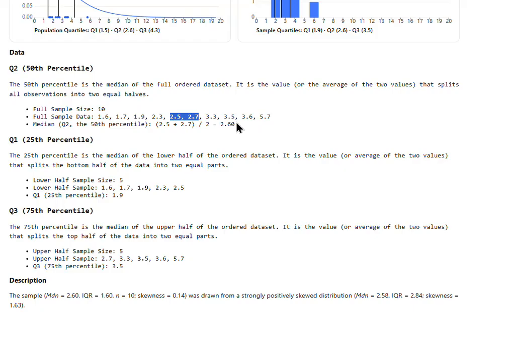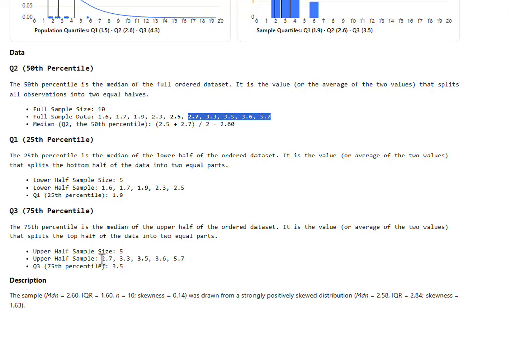Now, what about the 25th percentile? The 25th percentile is the median for the bottom half of the data. So we take our lower 5 scores, bring them on down, still sorted, and take the middle value of it. The middle value is 1.9. So our Q1, our 25th percentile, is 1.9. Q3, the 75th percentile, is the middle value of the upper 5 scores.